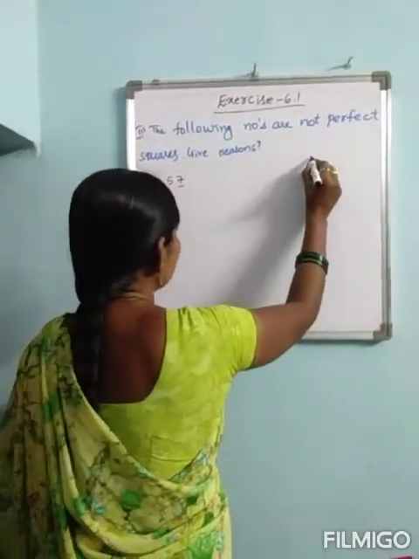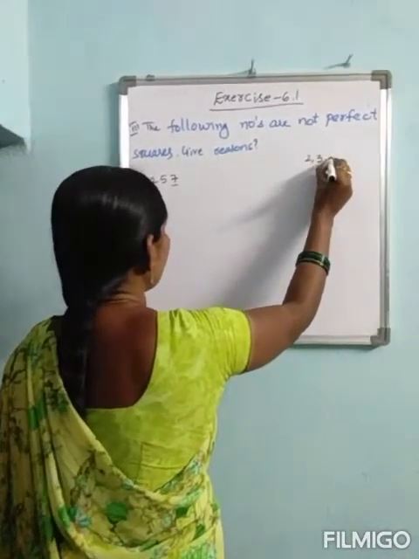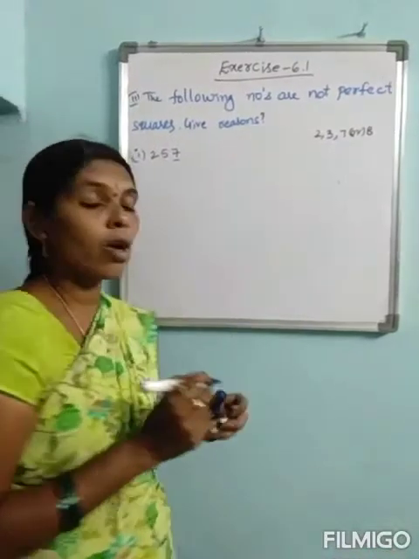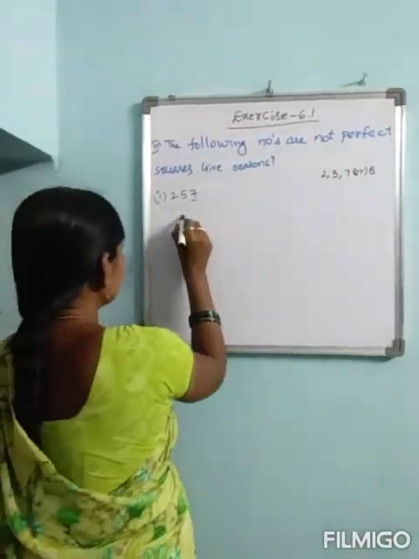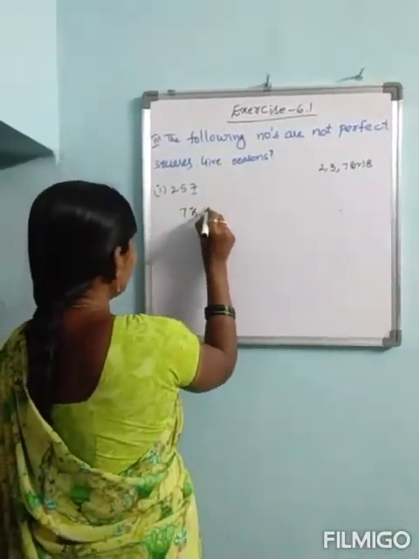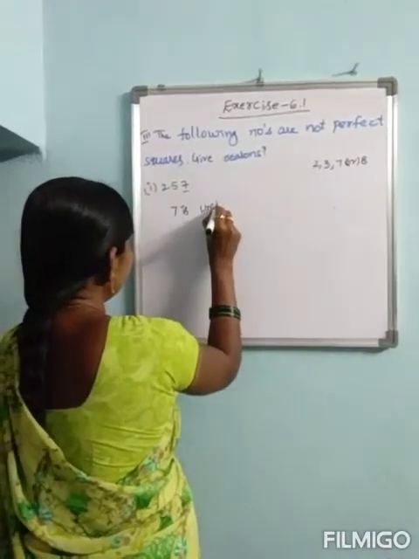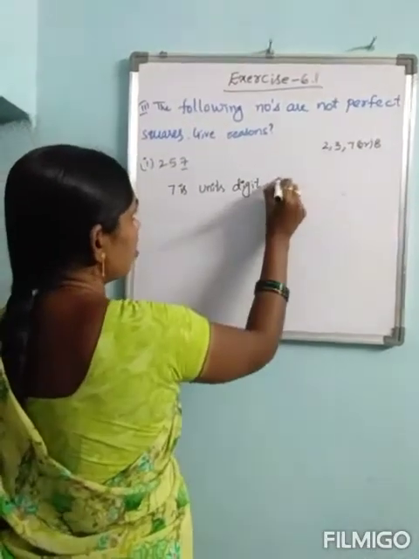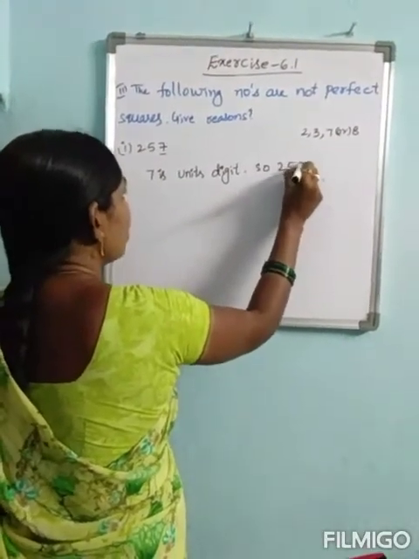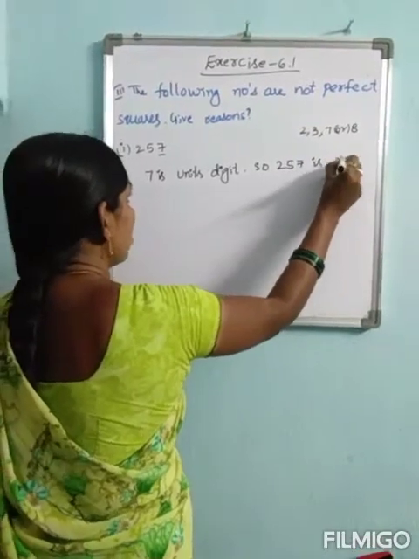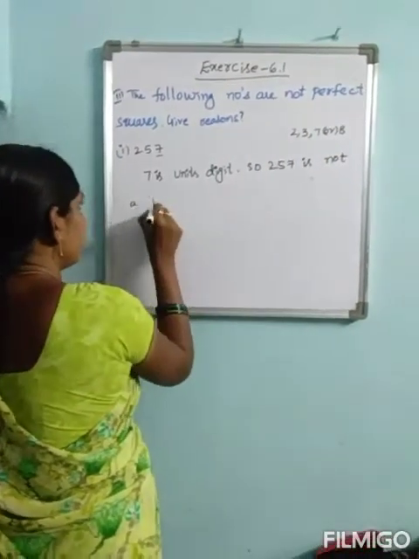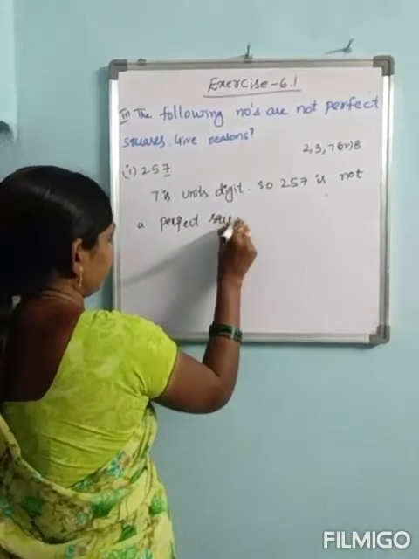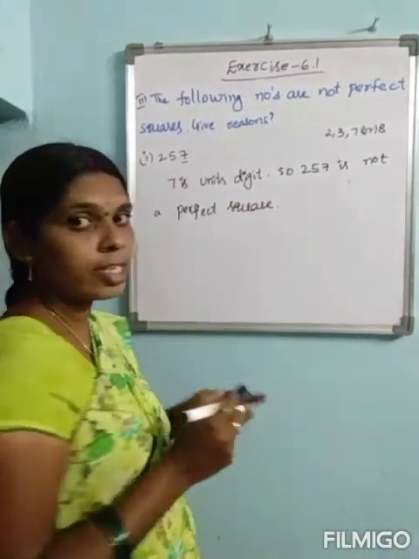The numbers which have 2, 3, 7 or 8 in the units place are not perfect squares. So 7 is the units digit or ones place, so the number 257 is not a perfect square. Are you understanding?